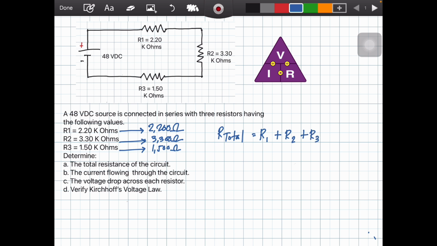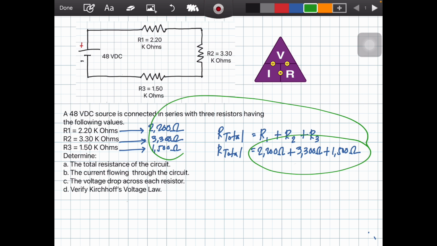RT is equals to the value of R1, 2,200 ohms, plus R2, 3,300 ohms, plus R3, 1,500 ohms. Where do those values come from? Those are from here.